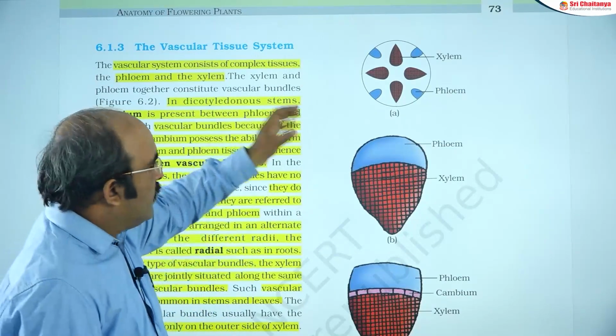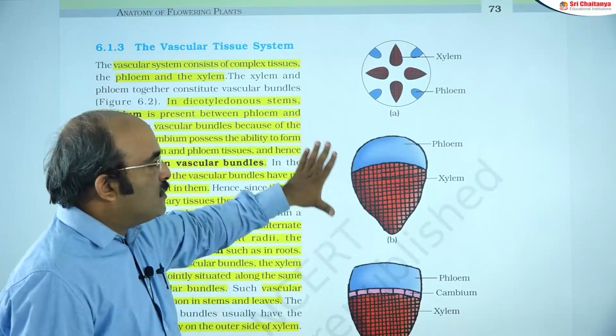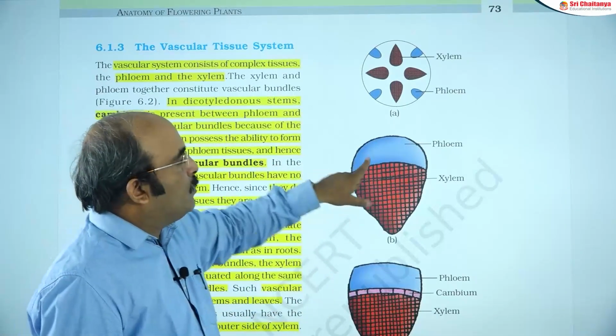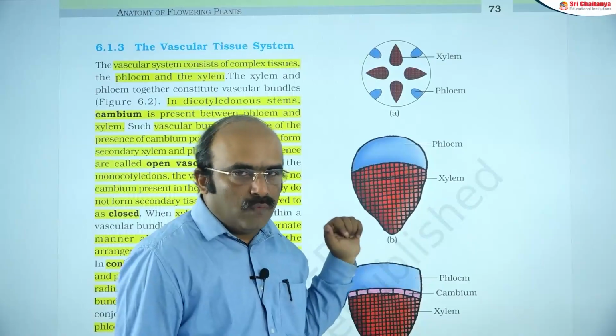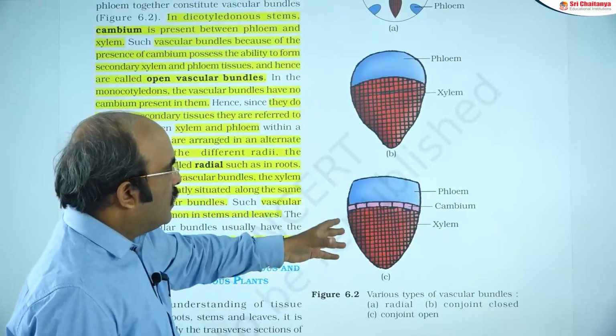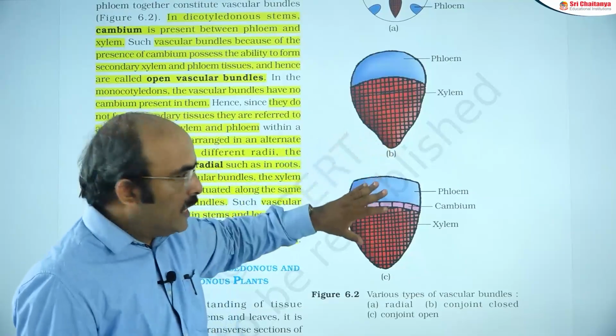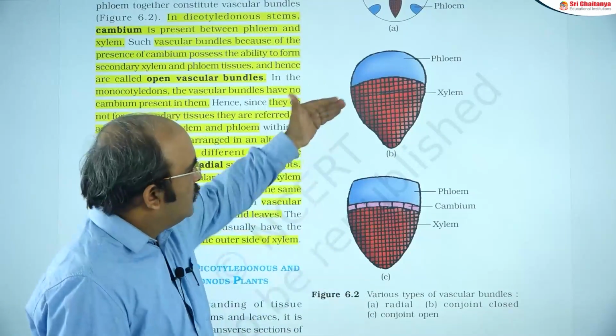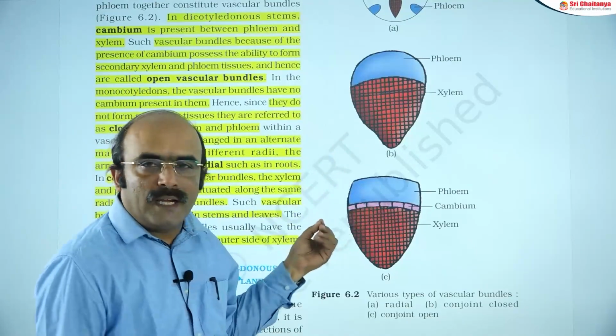In contrast to this, if xylem and phloem are present on the same radius, then it is called the conjoint type of vascular bundle, and this conjoint type could be further divided into two types, namely conjoint closed and conjoint open. The difference between these two is nothing but the cambium.